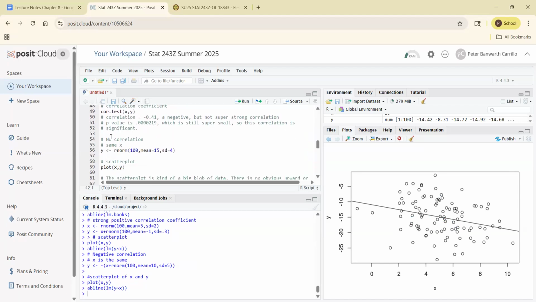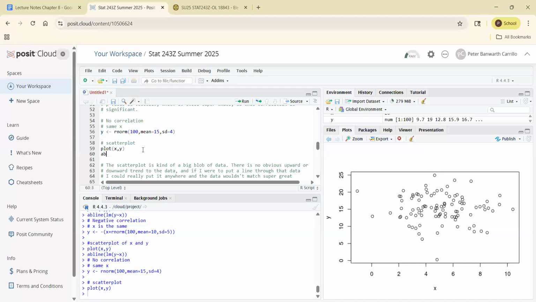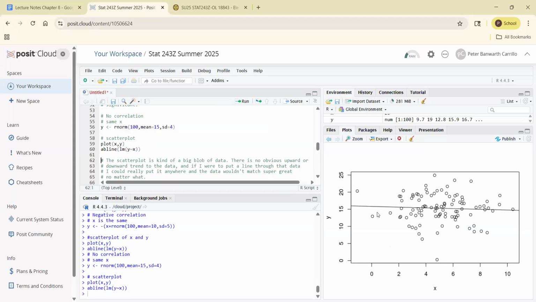And here is our data where we think there will be no correlation. And it's got basically a flat line, right? Zero correlation is going to correspond to a flat line. Knowing what the x value is doesn't give you any hints about what the y value is going to be.